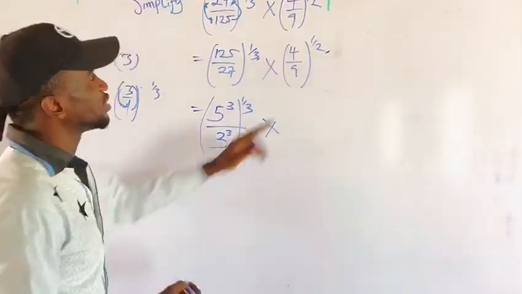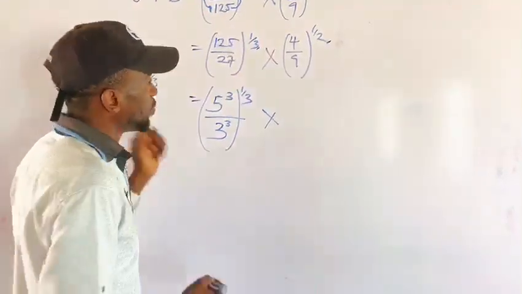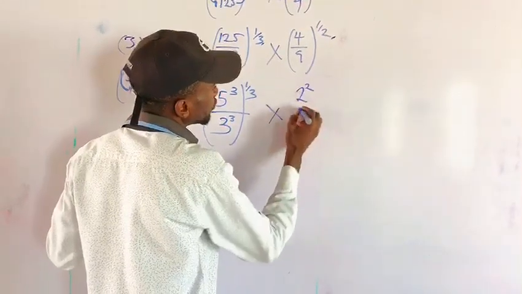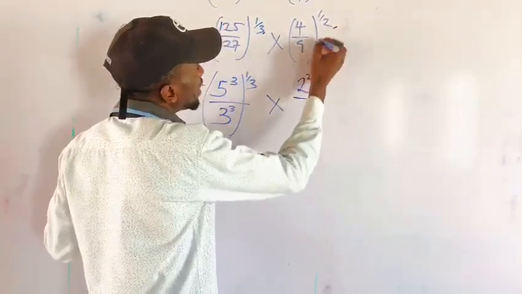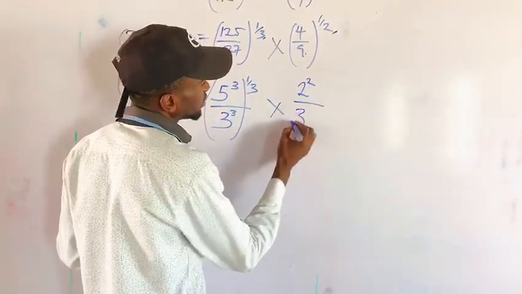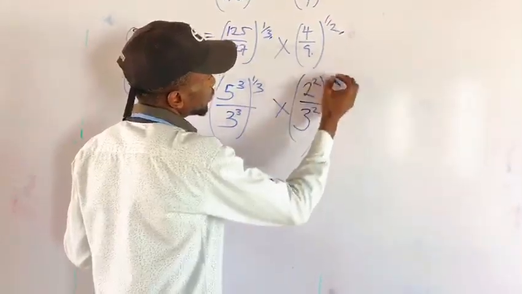Which number can I raise to the power of 2 to give me this 4? If I raise 2 to the power of 2, I'll get 4. So this is 2 raised to the power of 2 over, which number can I raise to the power of 2 to get 9? That's 3. If I say 3 raised to the power of 2, I've got 9. Raised to the power of 1 over 2.